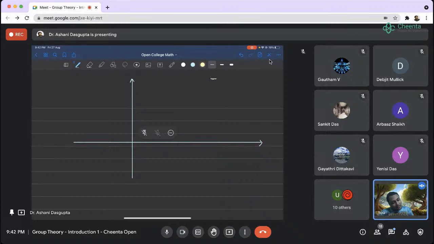The function is preserving the distance. So if you have A and B as 2 points on the xy plane, and after applying the function, this is FA and this is FB, these are the two image points.